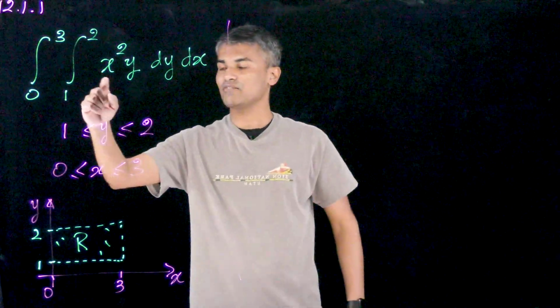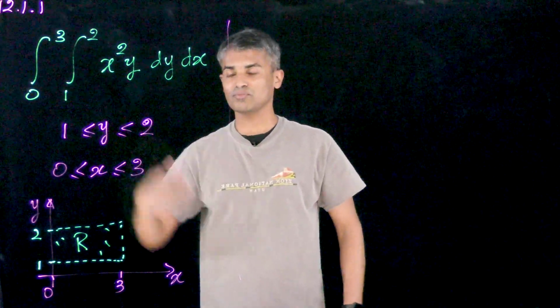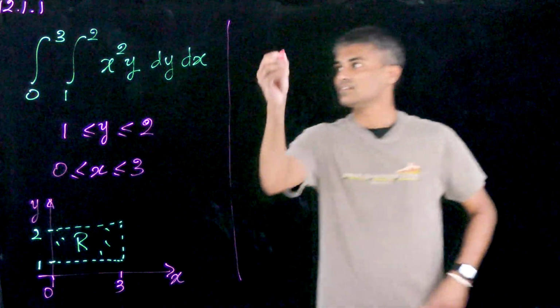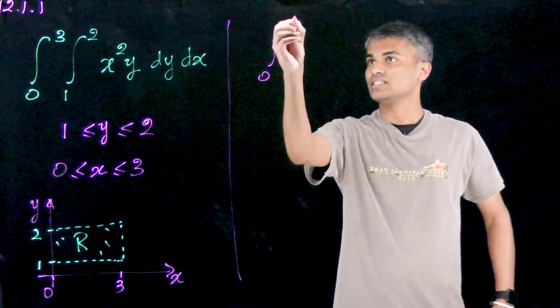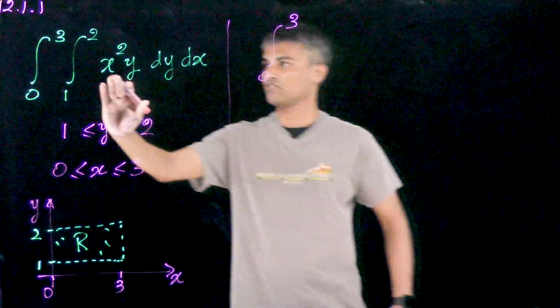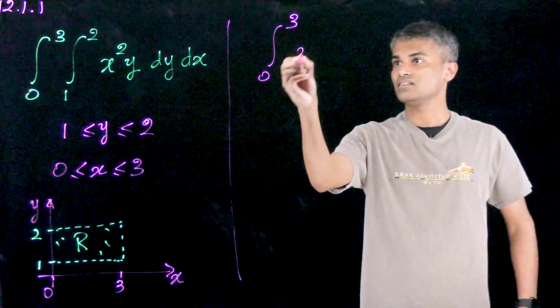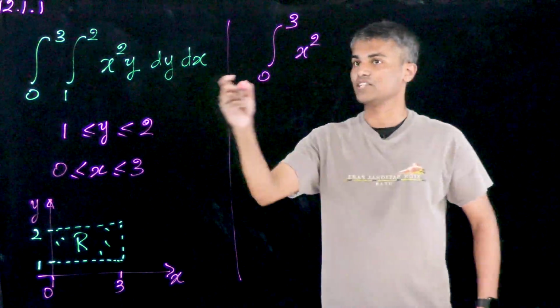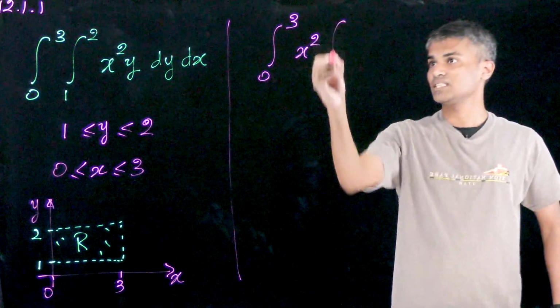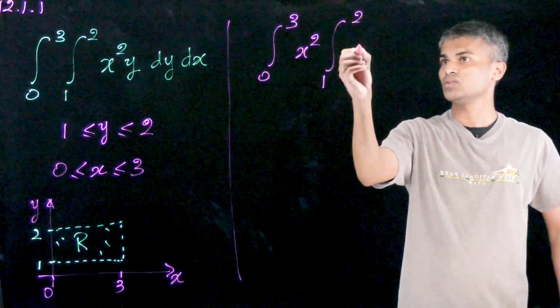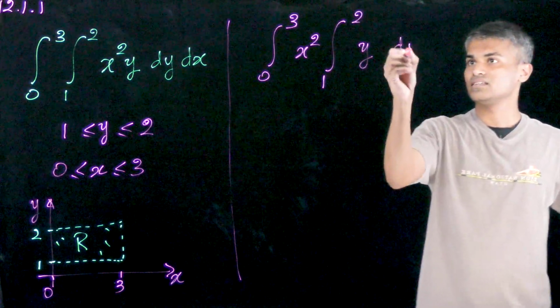Now whenever we have a constant, we can pull out a constant from the integral sign. So now if I pull out x squared from this inner integral, you will get x squared times the integral from 1 to 2 of y dy dx.